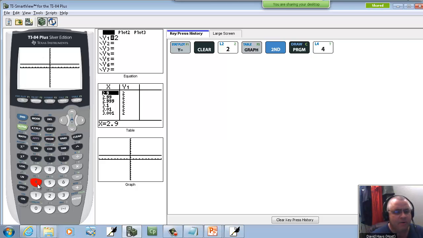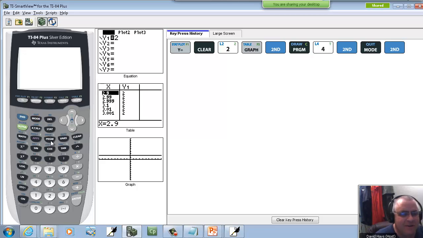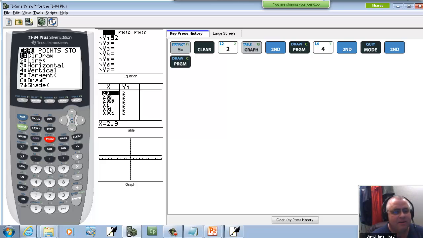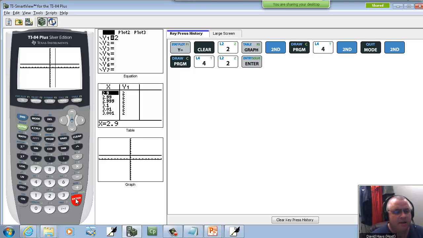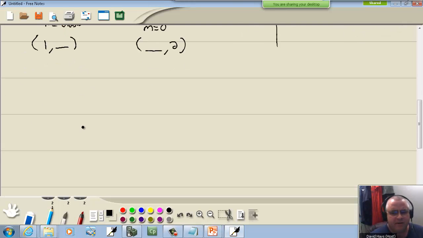I guess I have to be out of graph mode. Okay, let me go out of graph mode, then go into the draw menu, second program, choose vertical, and then if I put in 2 and push enter, it'll put a vertical line at 2. If you're going on to Calc 2, that comes in handy when you're trying to find where something's bounded by.